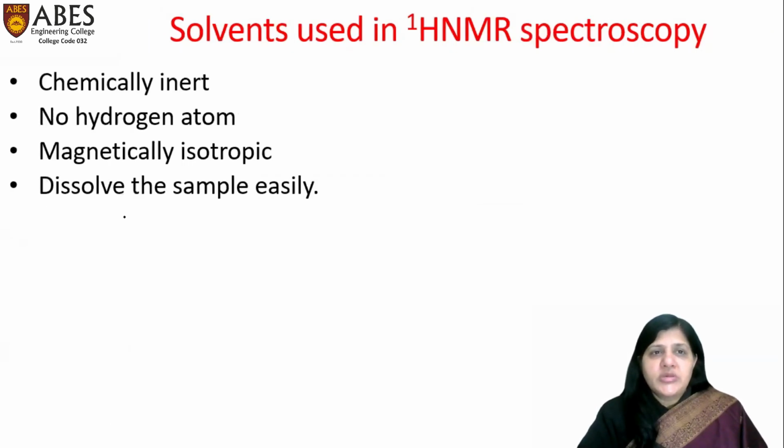Solvents used in proton NMR spectroscopy are chemically inert. There should be no hydrogen present in them. They should be magnetically isotropic and dissolve the sample easily.